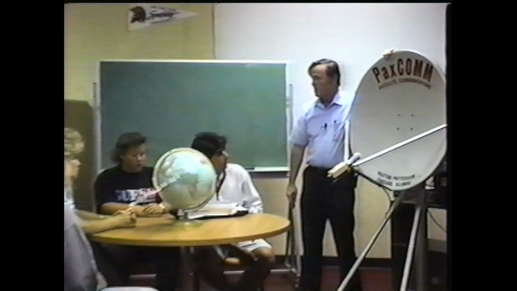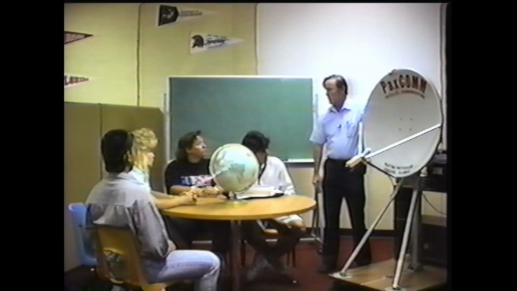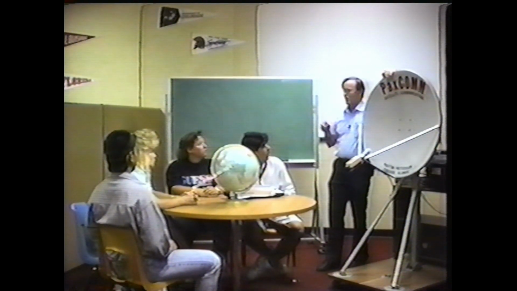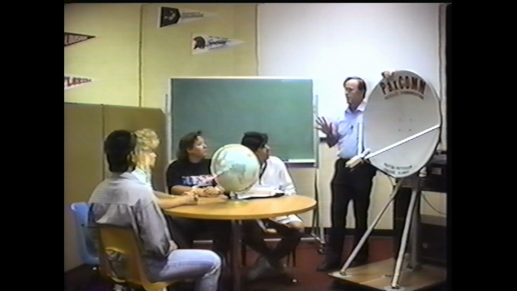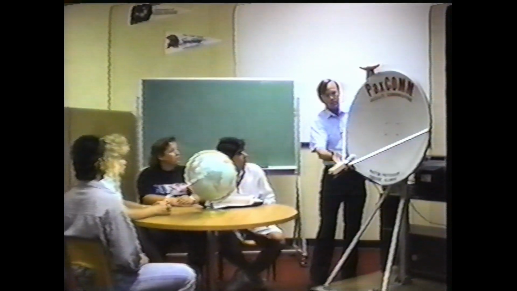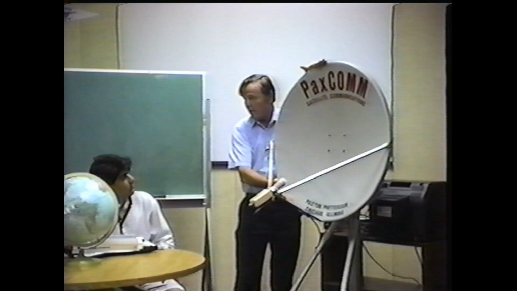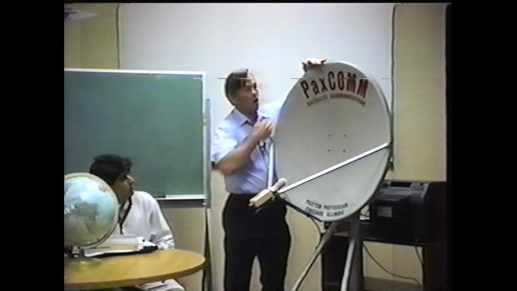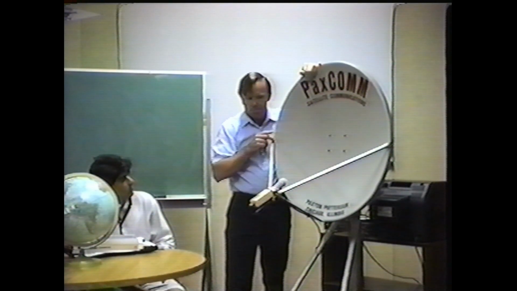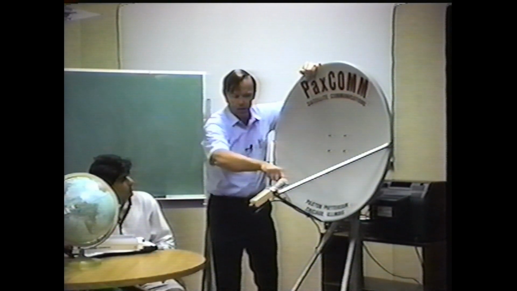Any other questions? How does the signal get from the air to the receiver? Okay, I almost answered that a little bit ago, but I didn't quite finish. The signal comes in, it hits this spherical reflector, and all of this area gathers signal and reflects it back to one little point.